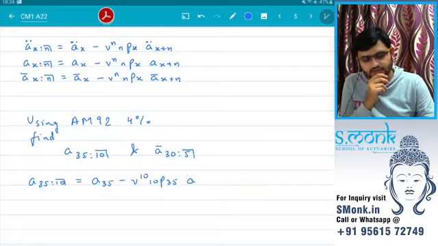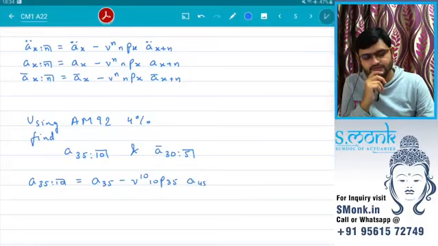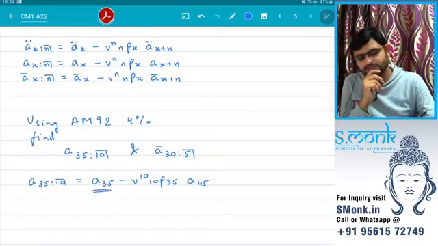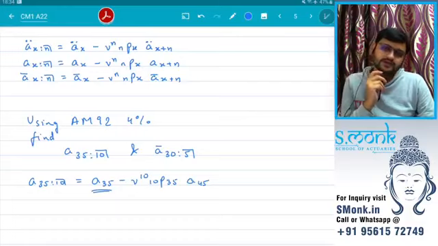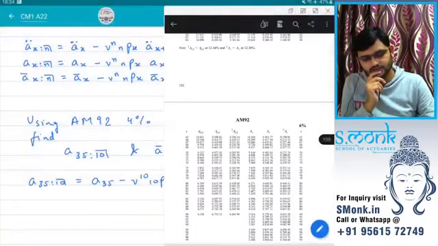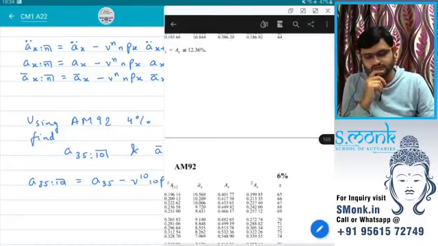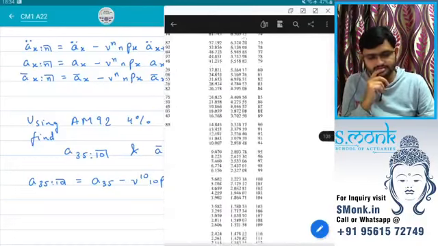After 10 years the person becomes 45, so let's say a 45. Now we know the relationship, right? ax is nothing but a due x minus 1. This table was of 6%, we said 4%, so let's go to the 4% table.